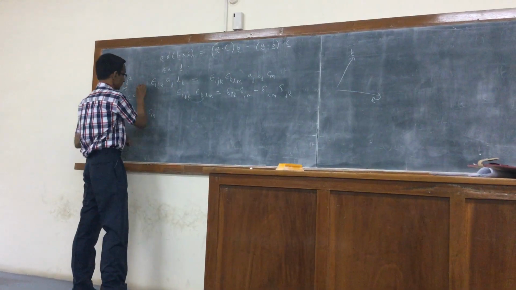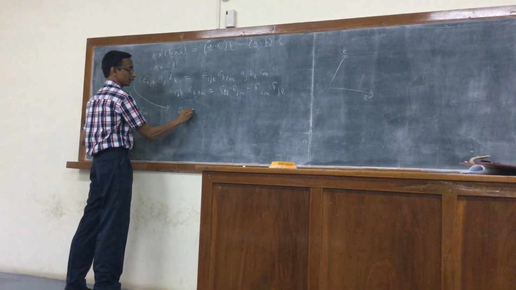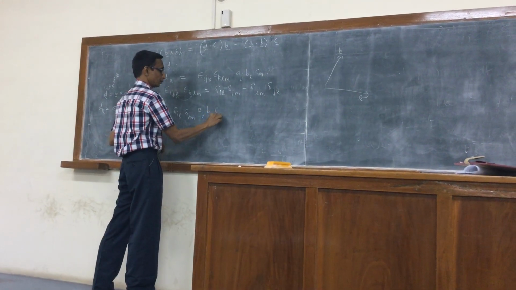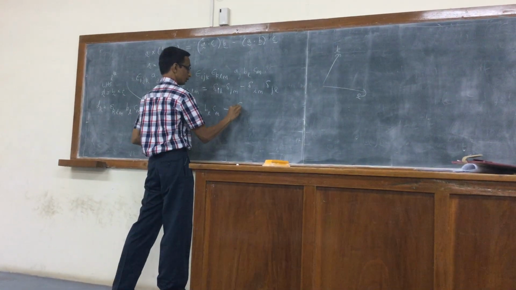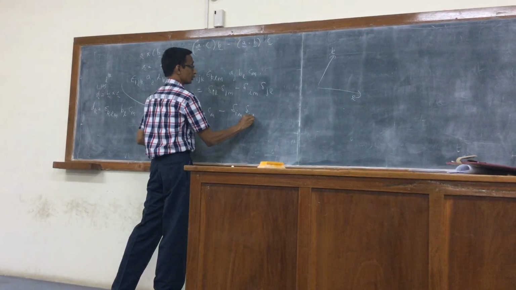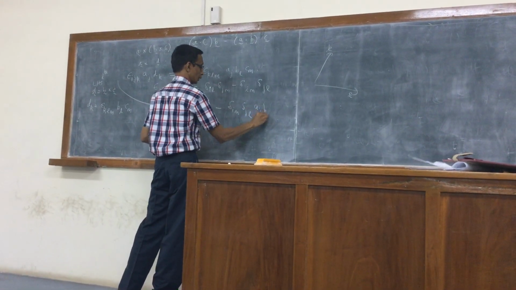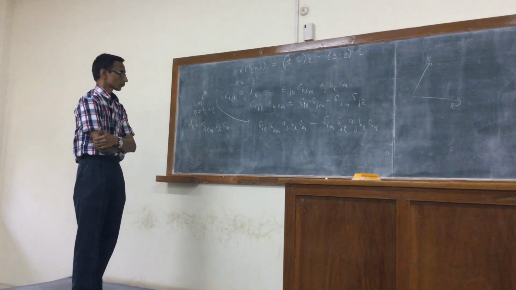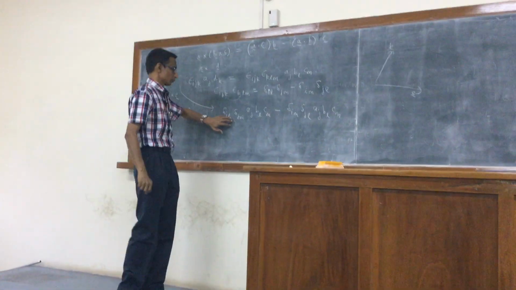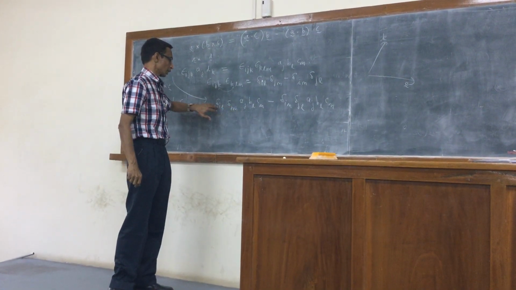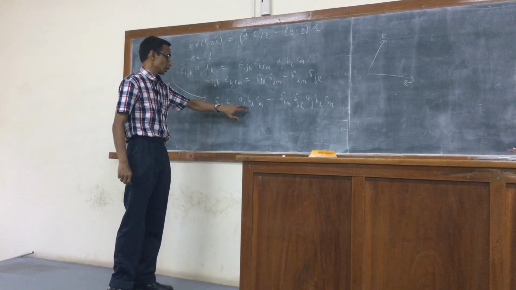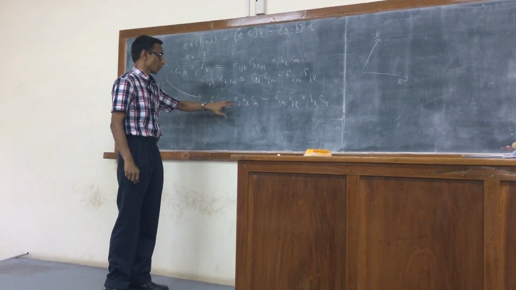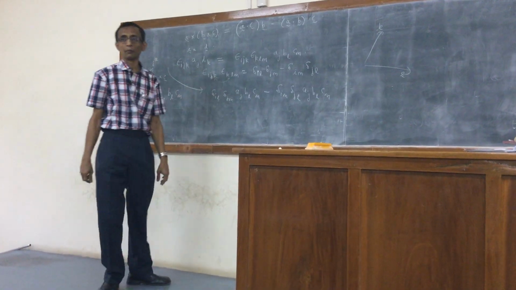So again, the left hand side I component can now be written as delta I L delta J M A J B L C M minus delta I M delta J L A J B L C M. Here it is a sum over J, L and M, not a sum over I. So I have to make I equal to L, or rather L equal to I, and then J is equal to M.